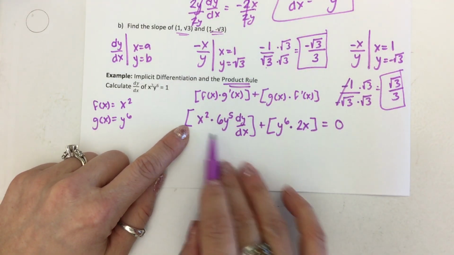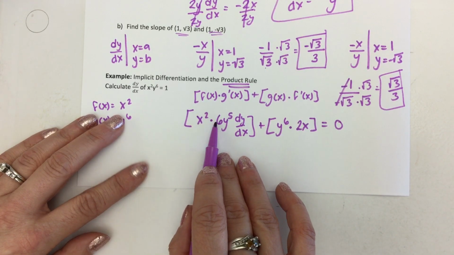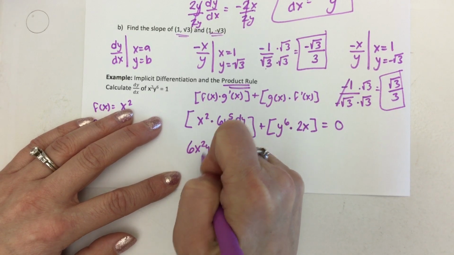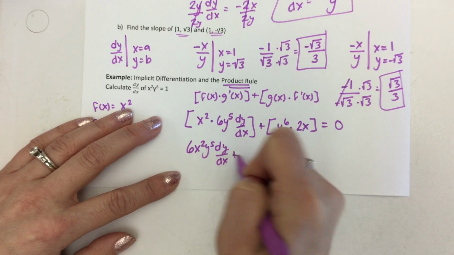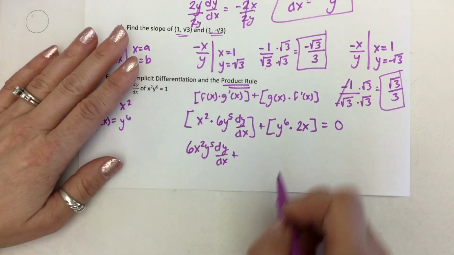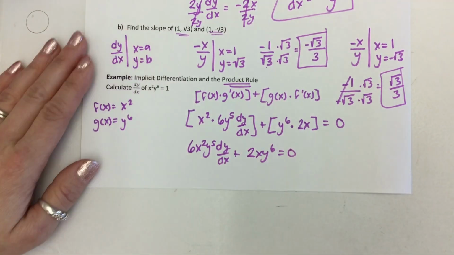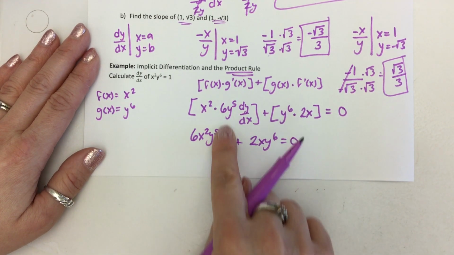Now, these are products. I can go ahead and bring this all together. x squared times 6 times y to the power of 5 would be 6x squared y to the power of 5. This is connected to dy over dx. Plus, I can combine these: this is 2x y to the power of 6 equals 0. So if I want to find the derivative, I need to solve for this.